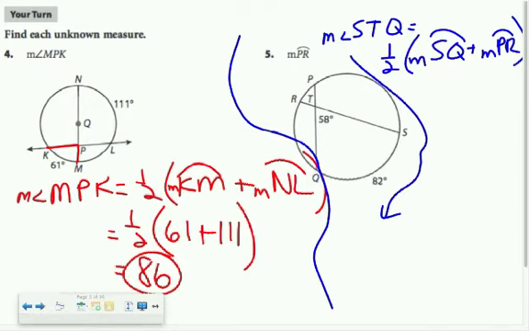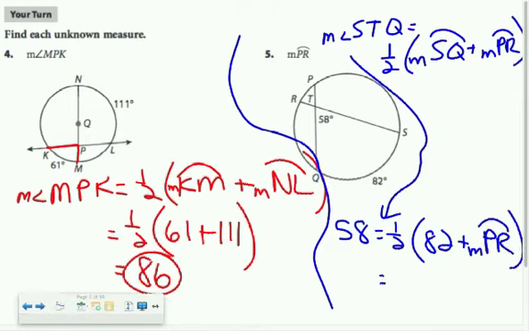I have that 58 equals 1/2 of 82 plus the measure of arc PR. Let's multiply the whole equation by 2 so I get rid of that 1/2, because that can be annoying. That'll be 116 equal to 82 plus the measure of arc PR. Subtract the 82 from both sides, and the measure of arc PR is 34.